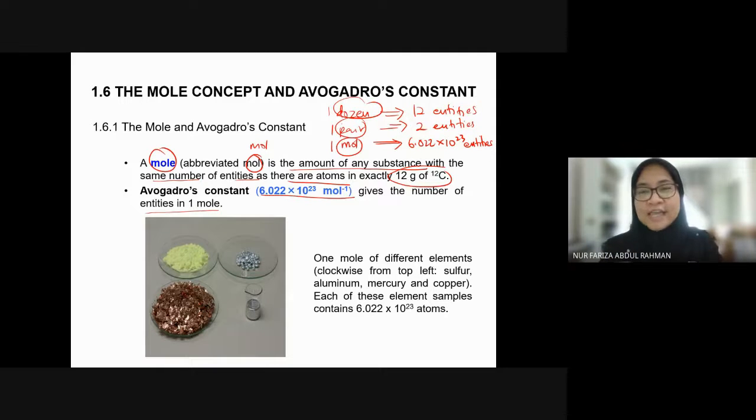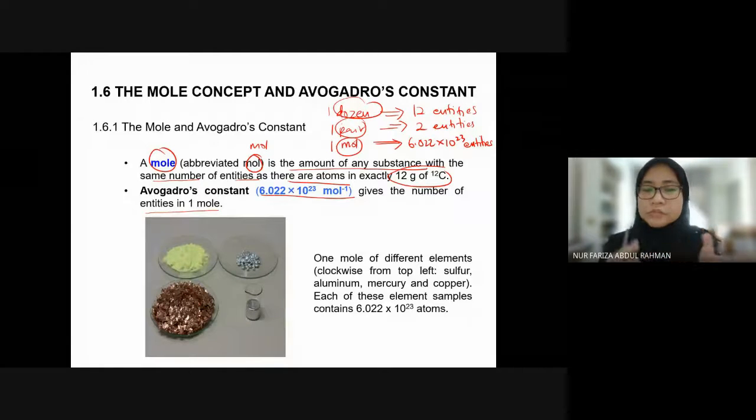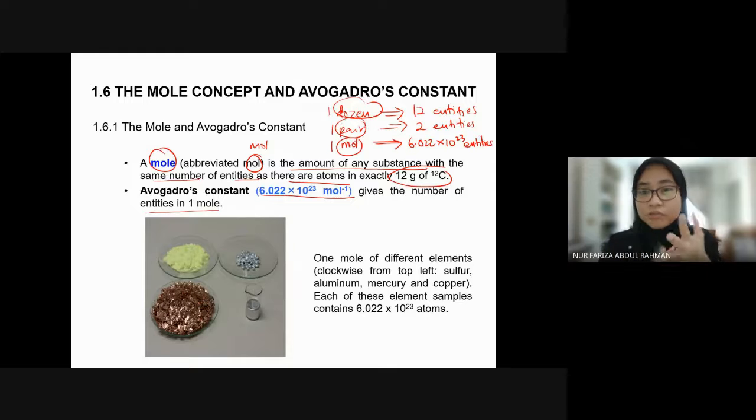The entities can be in the form of atoms, molecules, ions, formula units, and so on. That's why I put entities. It does not restrict the type of entities that can be used for mole.